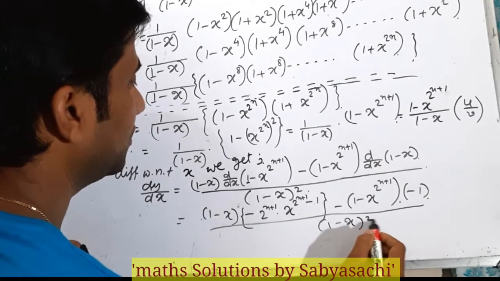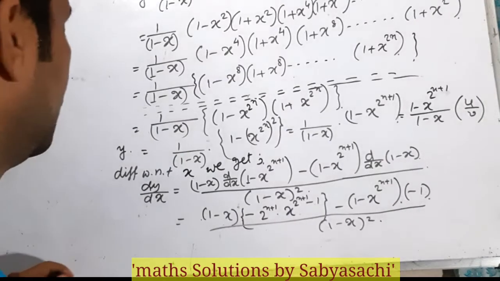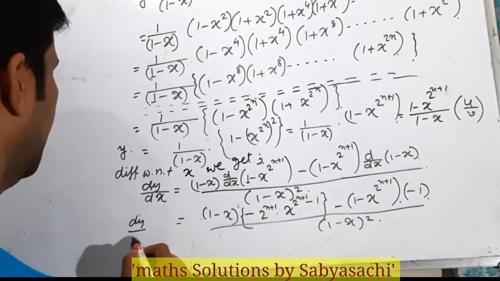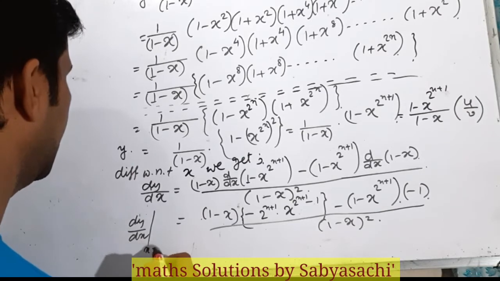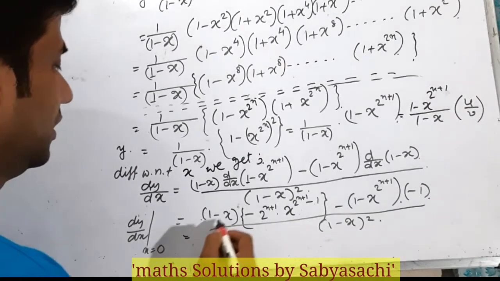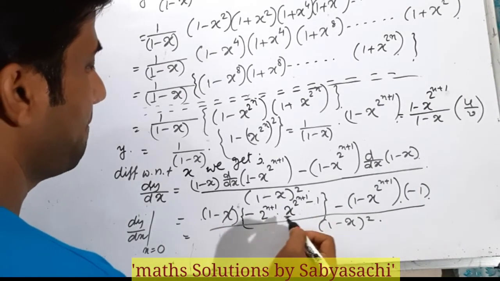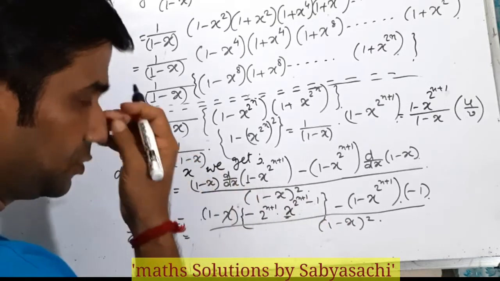by (1 minus x) the whole square. Now at x is equal to 0, dy/dx at x is equal to 0, we get this is 0, this is 0, that means the whole term is equal to 0.